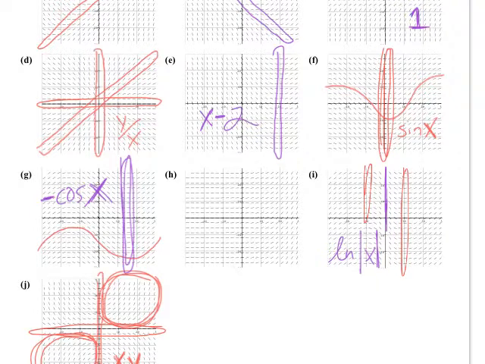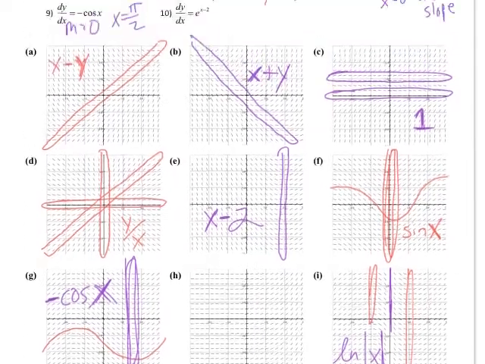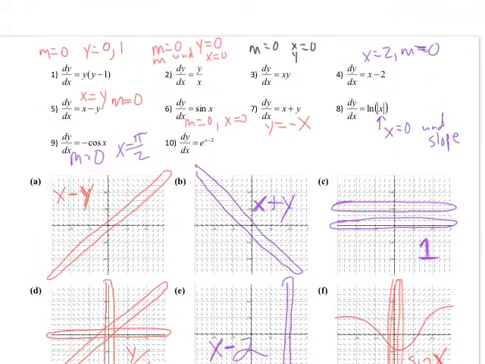Alright, so finally the last one. Looks like H is not there yet, and we look at what's left. We have e to the x minus 2, and e to the x minus 2 will never equal 0, so we'll never have 0 slopes.